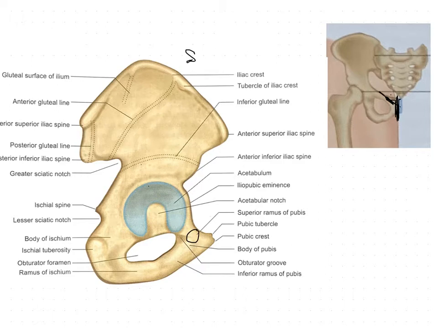So, the three main bones which constitute the hip bone are the ilium, ischium, and pubis. Now we will see them one by one in detail. The first one is the ilium.